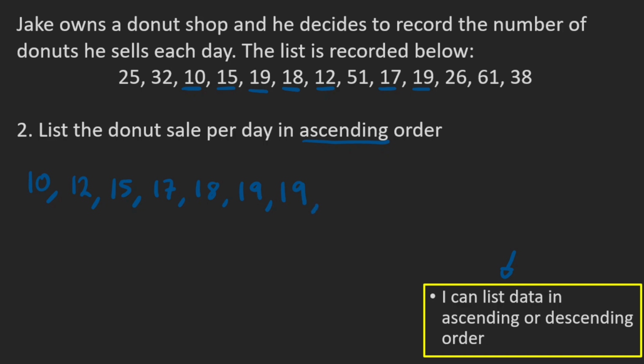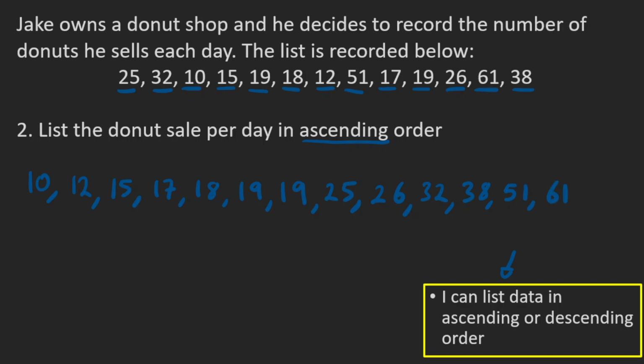Then next smallest is 25 and 26 and 32, 38, 51, and our last one is 61.